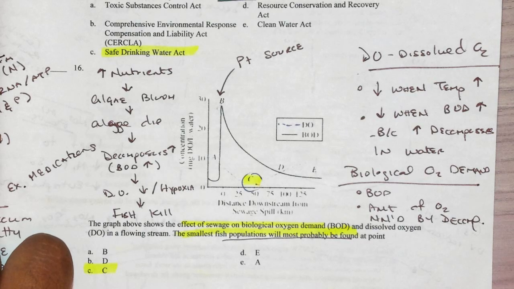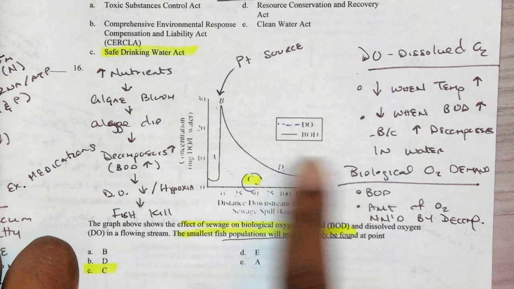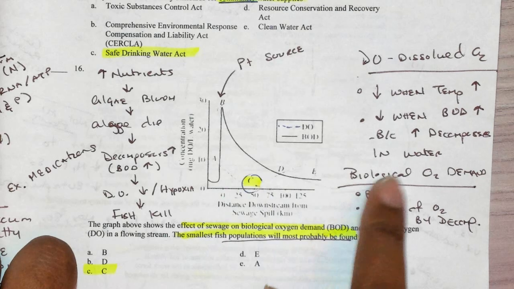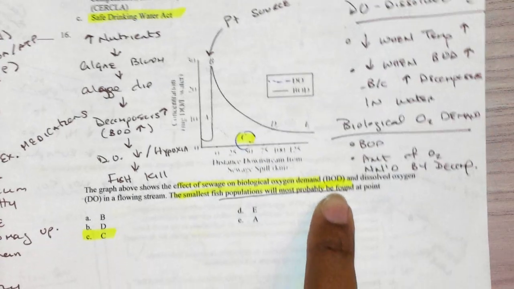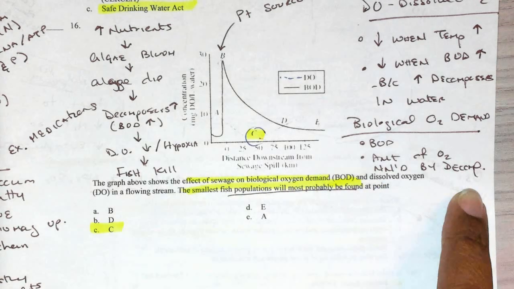The gases are going to dissolve out. That's what happens when liquids have gases in them. If they get warm, the gases dissolve out and there's less gas. Okay, so less dissolved oxygen when the water temperature is high. Also, of course, when the BOD is high because the decomposers use up the dissolved oxygen. Remember, biological oxygen demand is defined as the amount of oxygen needed by the decomposers.